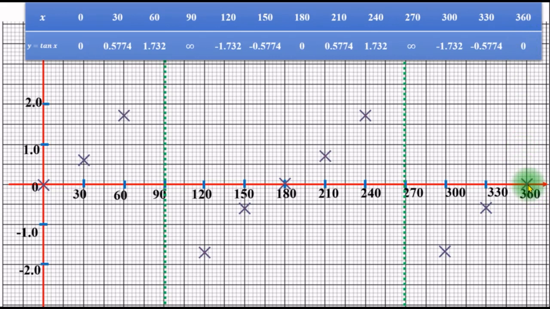Now this is what we have, and we need now to draw the smooth curve. But remember, it will never touch the lines at 90 and also at 270, since they are undefined or asymptote lines. So we start with the first one, and this is the graph of y equals tan x.